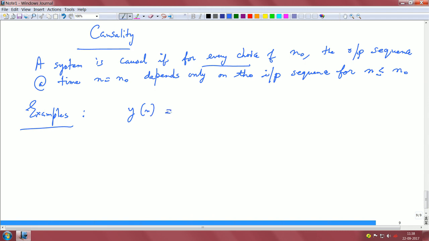y of n is x of n plus 1 minus x of n. This is anti-causal. Why? Because the output at time n depends upon the input at time n, no doubt, and also the input at time n plus 1, that is some sample in the future.